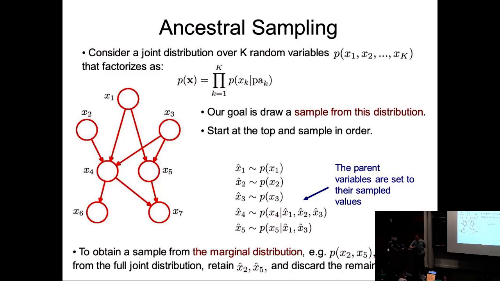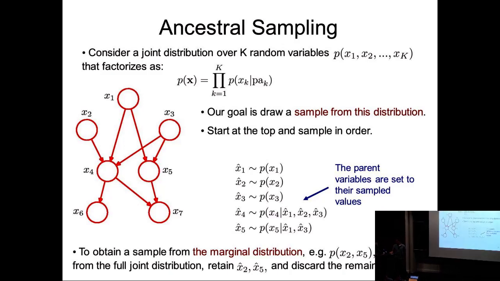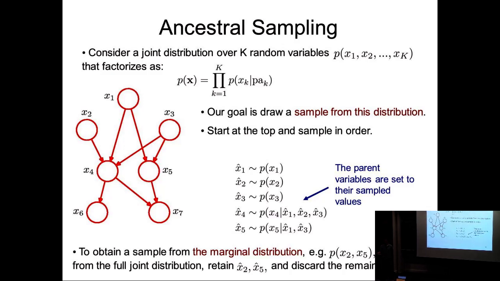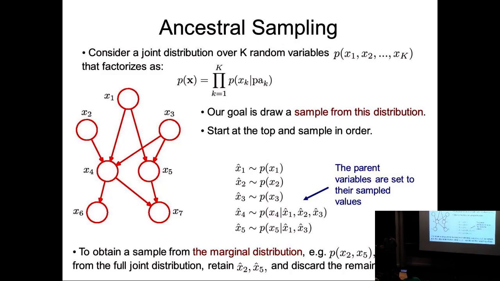You first sample x1 from its distribution, you sample x2 from its distribution, x3 from its distribution. Then you sample x4 from its conditional, but where you're clamping the conditional values to these sampled values, right? So the parent variables are set to the sampled values already, right? And then you sample x5 and so forth.